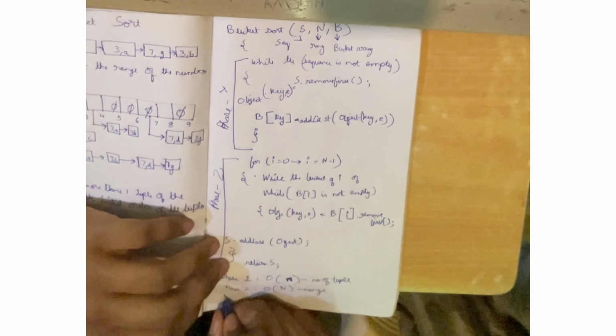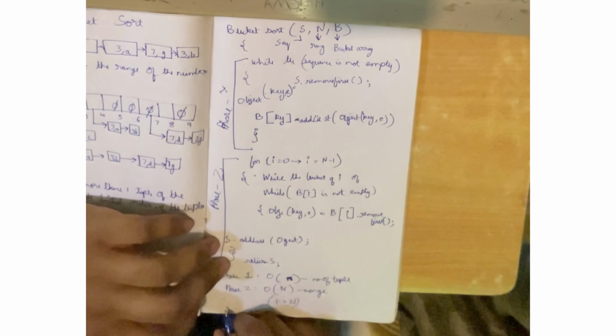So totally the bucket sort is going to take how much time? It's going to take the first phase time plus the time taken for the second phase, which is small n plus big N. So this is bucket sort. This is how we write the algorithm for it, and this is how we can determine the big O of bucket sort. Thank you.